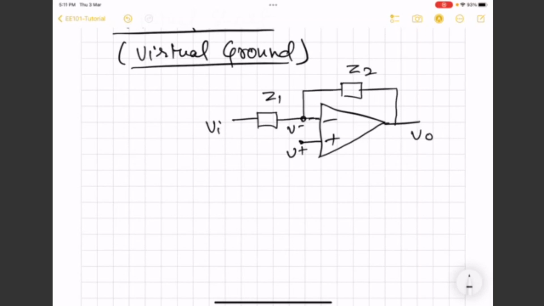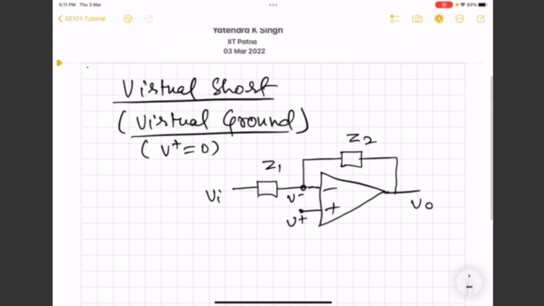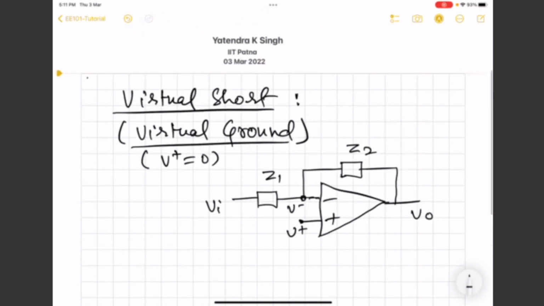In general, this V plus might be some non-zero voltage, but when we talk about virtual ground, this implies that V plus is equal to 0. So this is the special case of virtual short. Virtual short basically says that under certain conditions, the V minus node voltage and the V plus node voltage are going to be approximately equal.